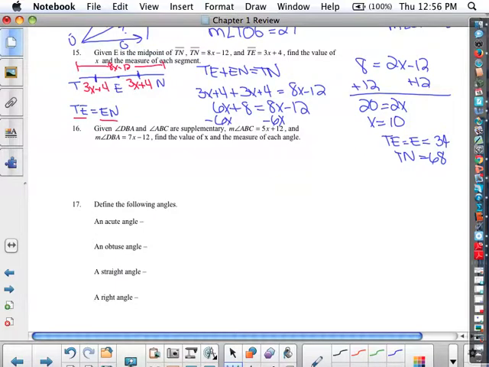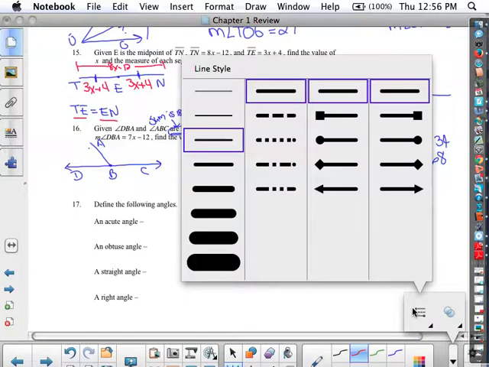Okay, number 16 tells you that angle DAB and angle ABC are supplementary. Supplementary, remember, indicates that their sum is 180. So you can draw the line if you want, you don't have to. So I have this B right here, so D, B, A, and A, B, C. Label your picture.